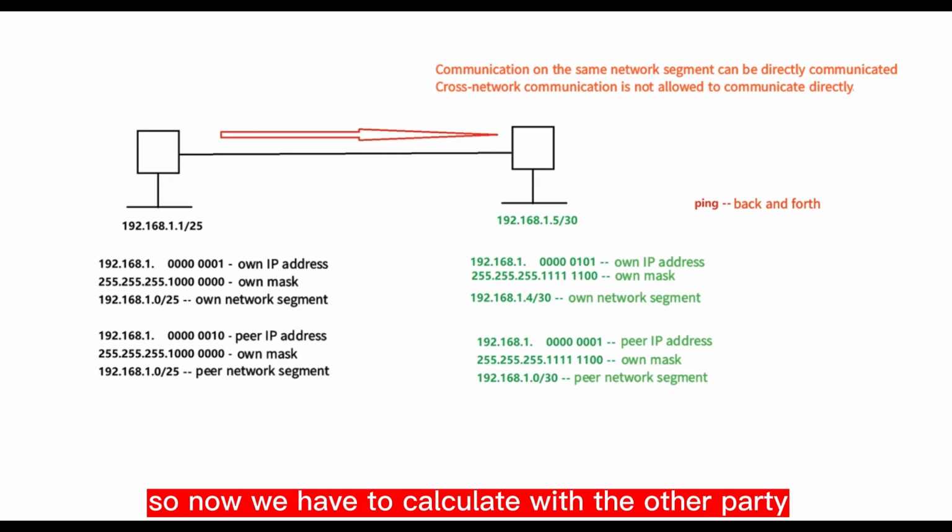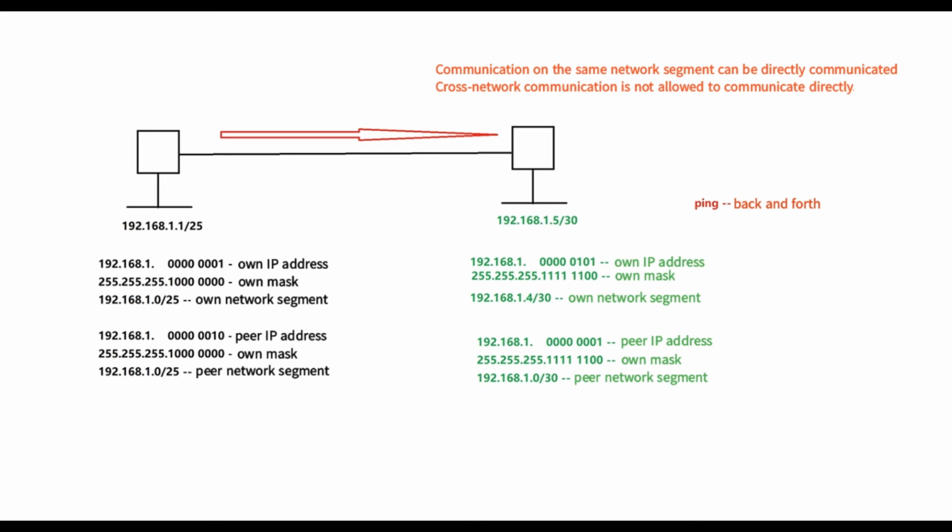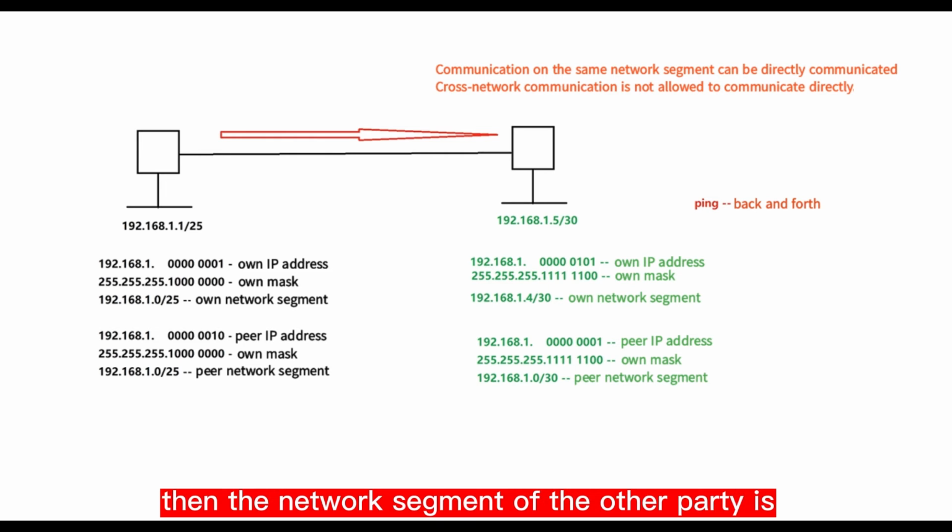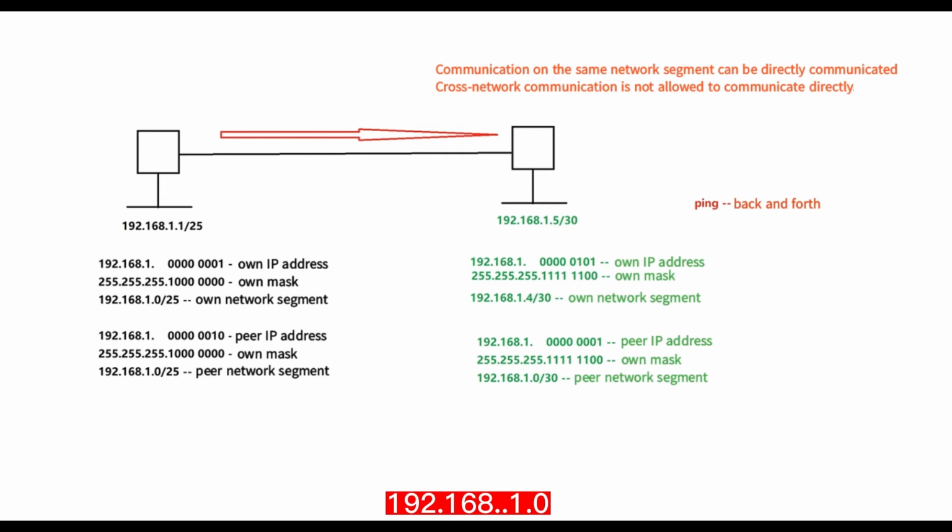So now we have to calculate with the other party. The other party's IP is 192.168.1.00000001. Then the network segment of the other party is 192.168.1.0, with a 30-bit mask.